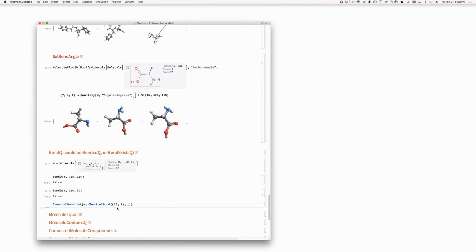Actually, that's almost like using cases. Yeah, why not just use cases? Well, it's very much like edge list. Edge list takes a pattern in the second argument. So I don't think this is the right way to do it. I mean, this question about, is it bonded, right?